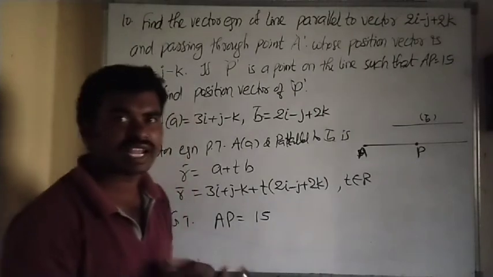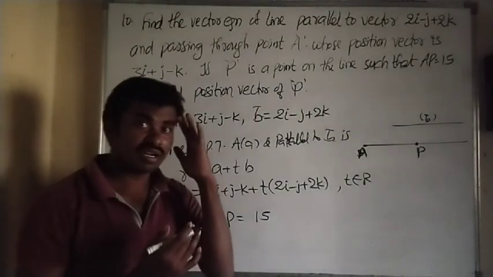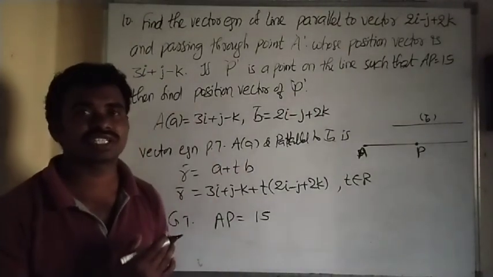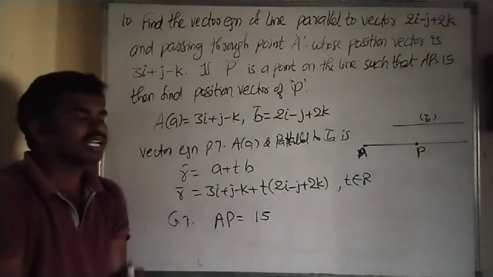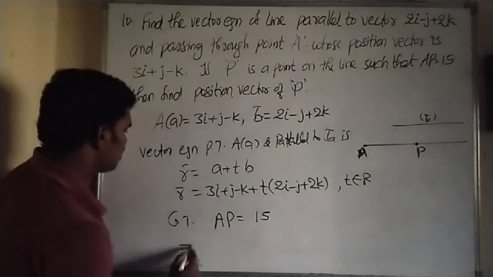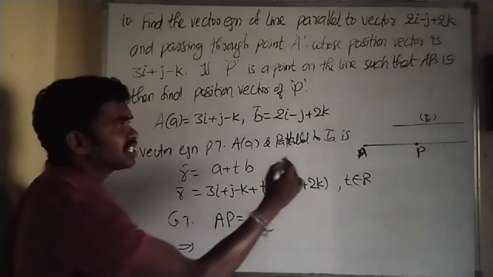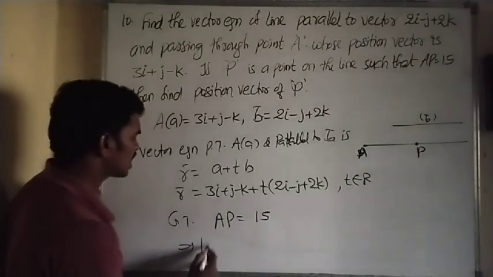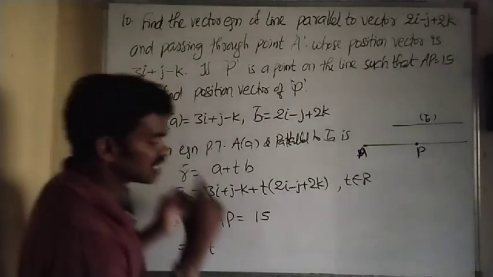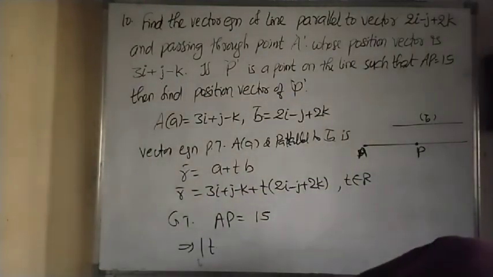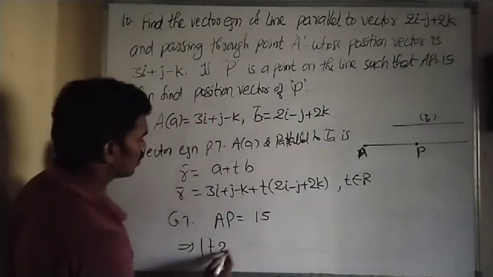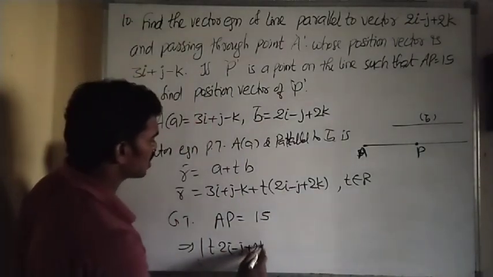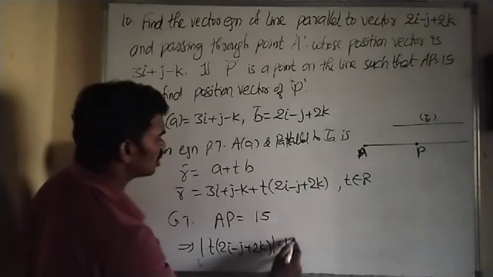So that's why, like the parametric equations in circles or lines, here also AP is the distance between A and P. So that is taken as t into 2i minus j plus 2k, modulus equal to 15.